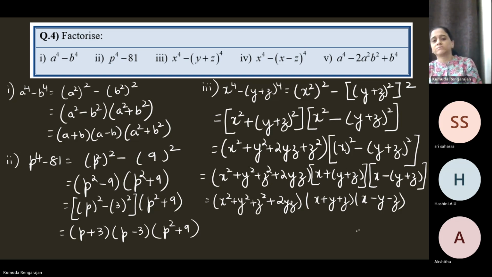Right? Take down the first 3, 4 and 5 and try them by yourself.